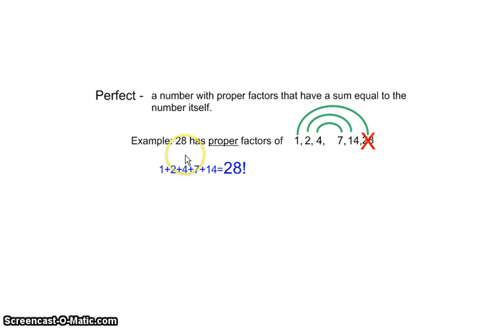And my favorite number 28 is one of those perfect numbers. As you can see, the proper factors of 28 are 1, 2, 4, 7, 14, not 28. That's a factor of itself, but not a proper factor. So if we add up 1, 2, 4, 7, and 14, they equal 28.